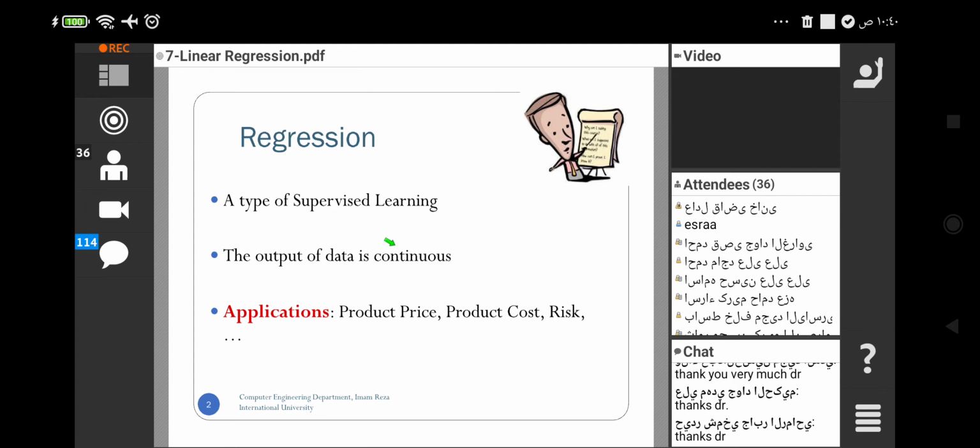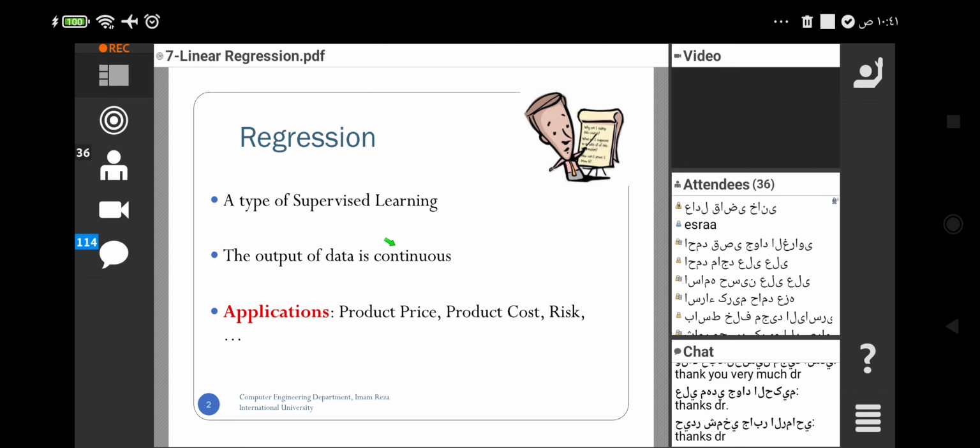For example, if we want to predict the price of a product, the price is a continuous value. It could be any value. So this is a regression problem. Regression means that we want to learn an output which is not discrete. If it is discrete, it would be classification.